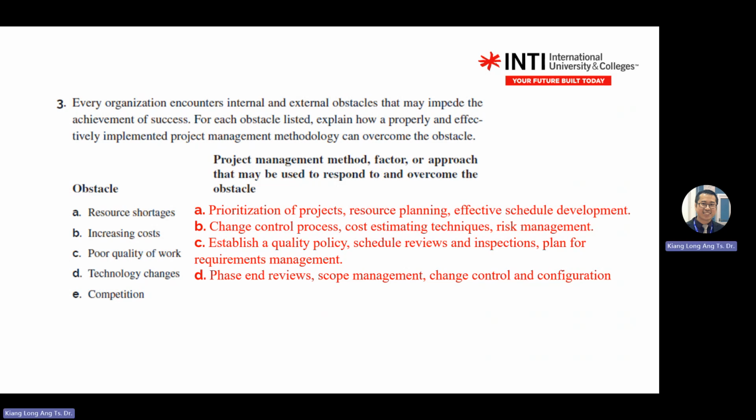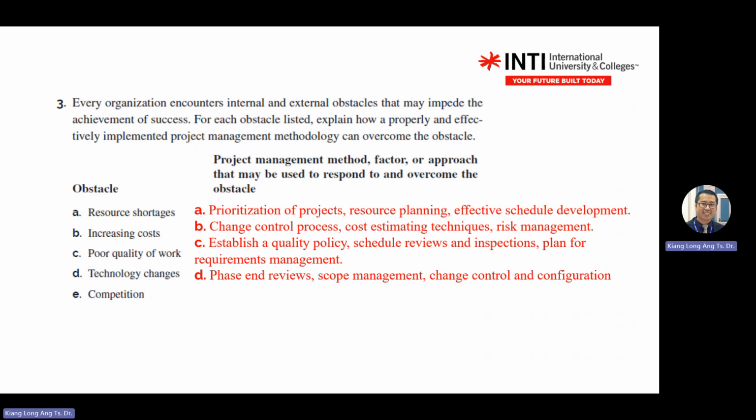Okay, so phase and review means you need to identify the customers, right? And then scope management means you need to increase or narrow the scope. For example, the NFC chip technology change already launched. When the new technology comes, you will see a drop of prices in the old models.